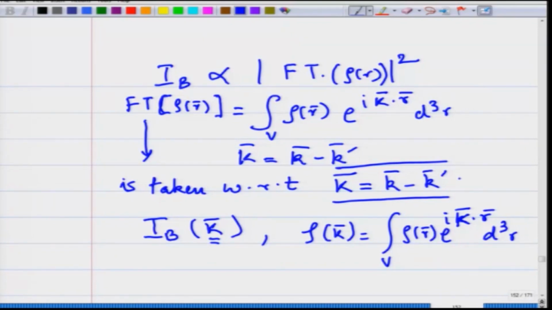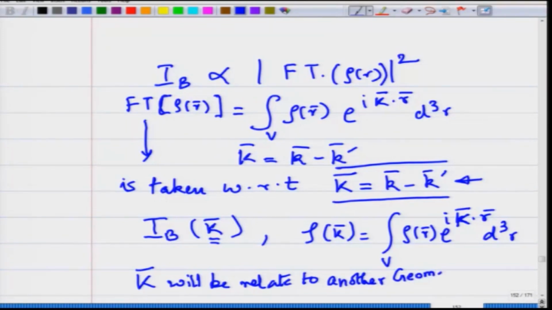So, we have an important quantity K out here, and we will see that this K will be related to another geometrical construction for the crystal.